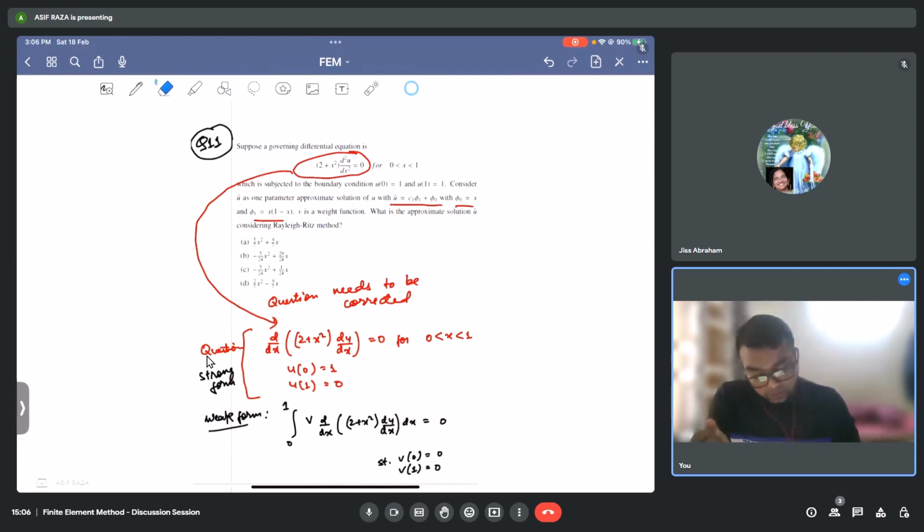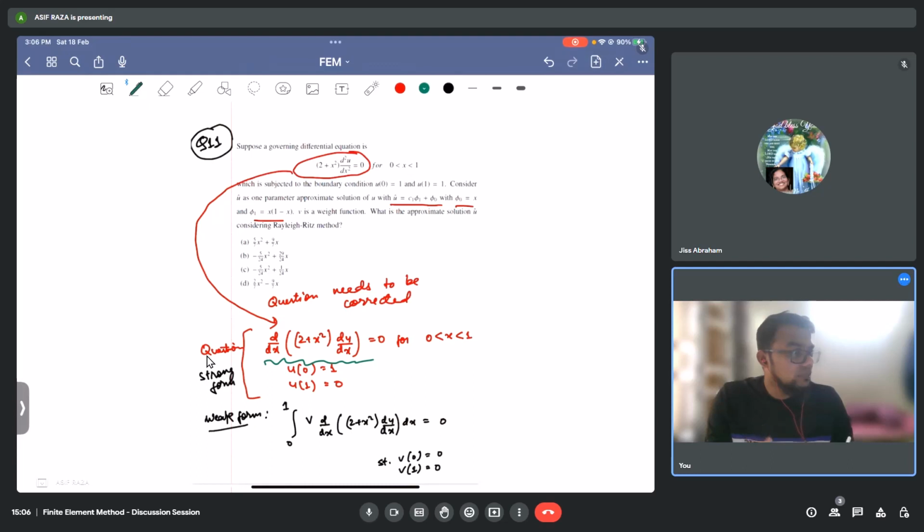The question needs to be modified in this way: d by dx needs to be taken out, and this should be the governing equation. d by dx as a whole of (2 plus x square) times du by dx equal to 0.